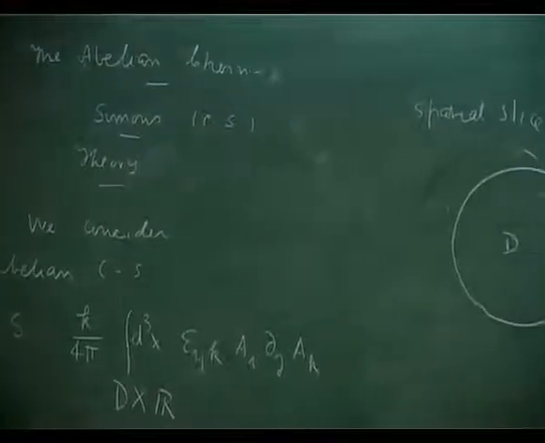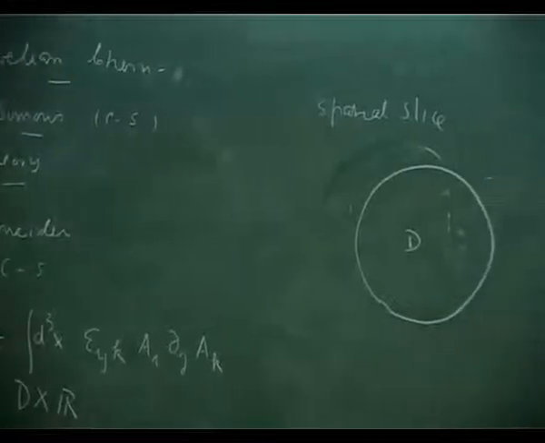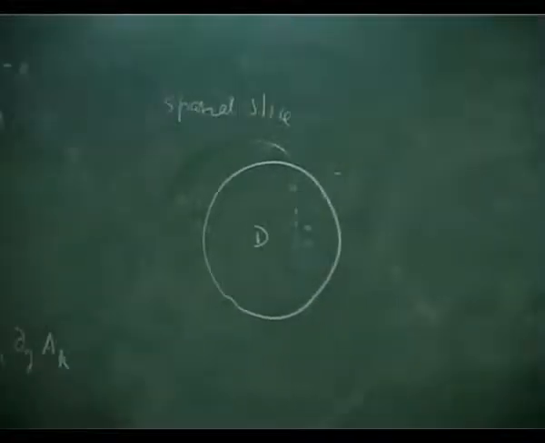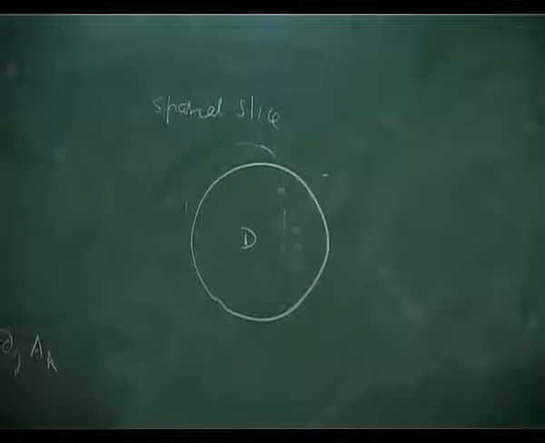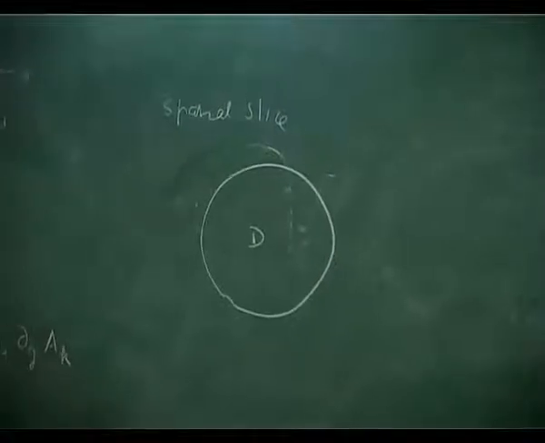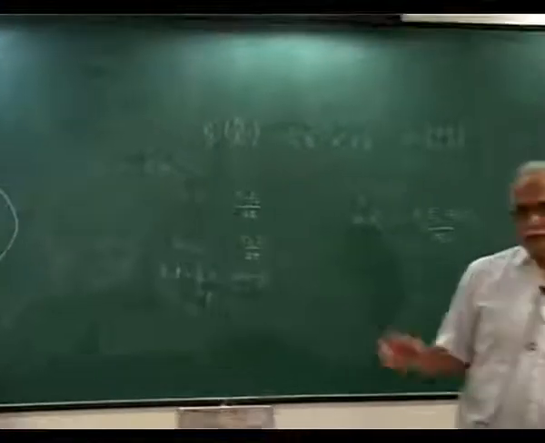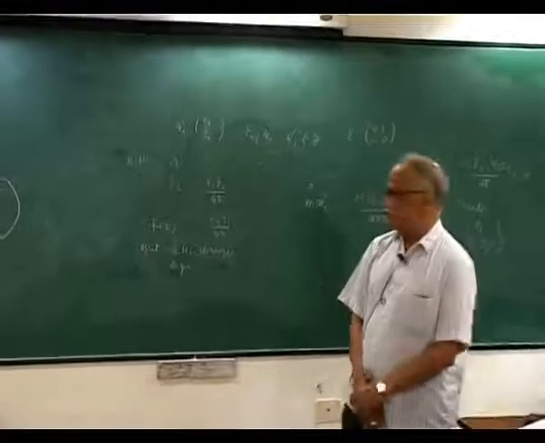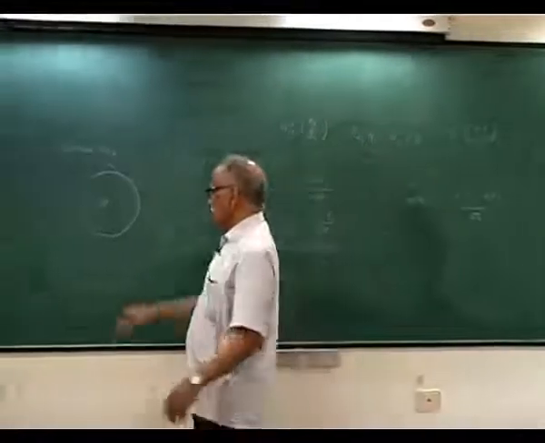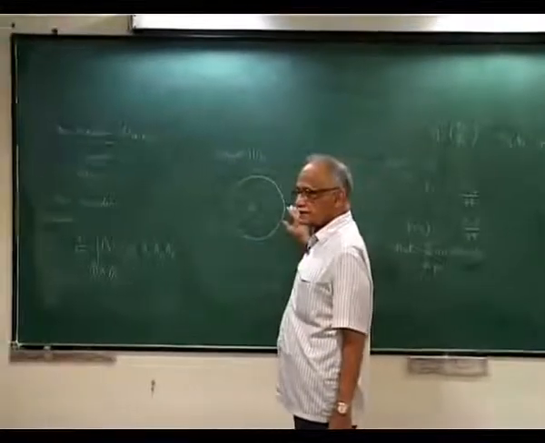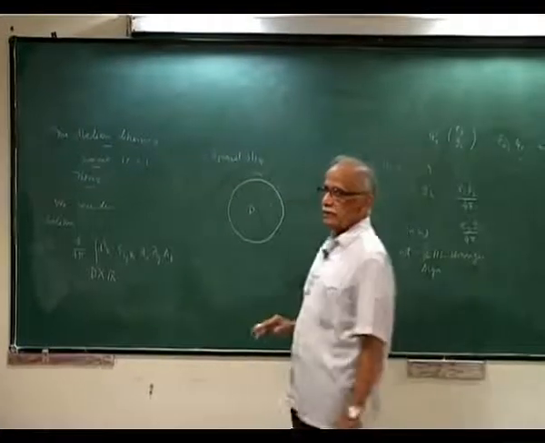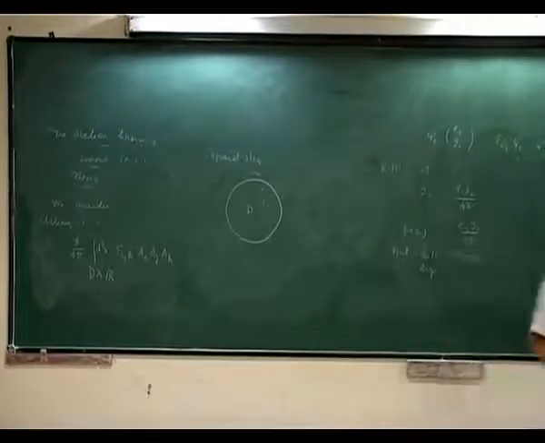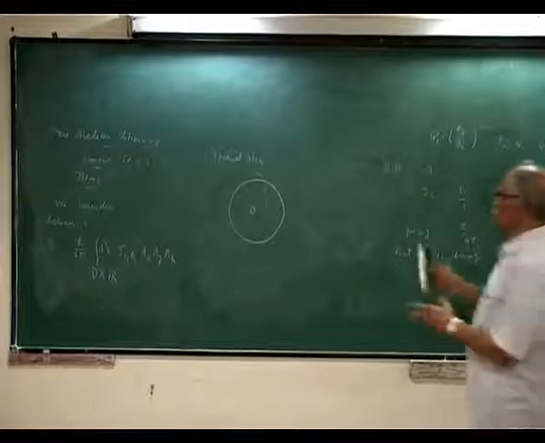Now I want to know how to quantize this system, and we will see that this story is not trivial. We will see that the treatment of the constraints in this problem is quite non-trivial, and I want to show you how it goes.